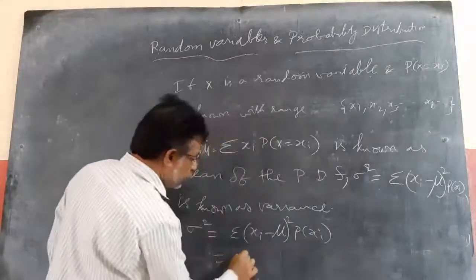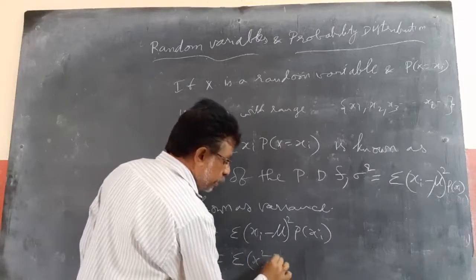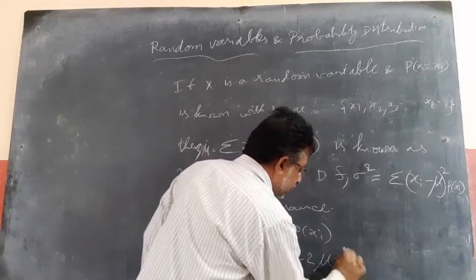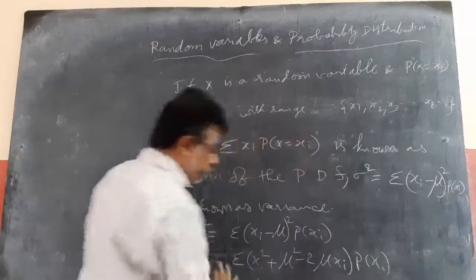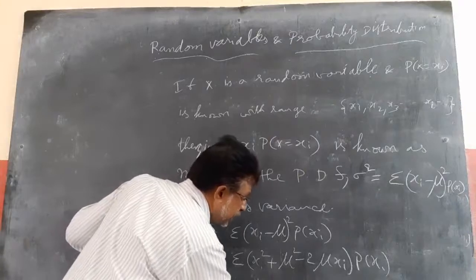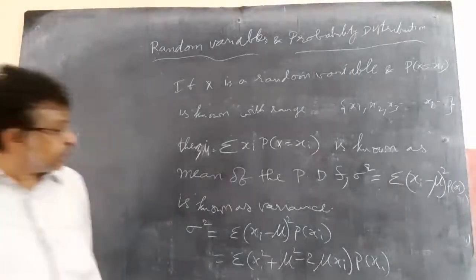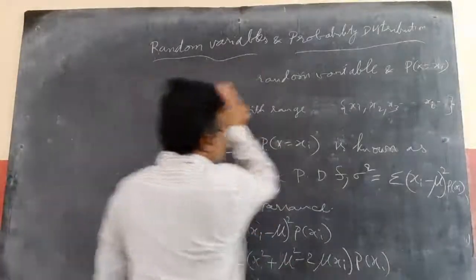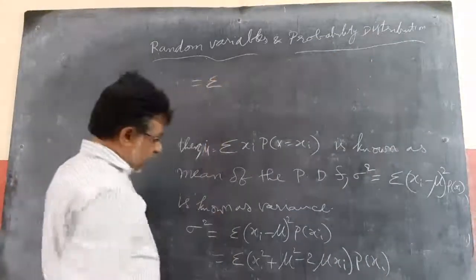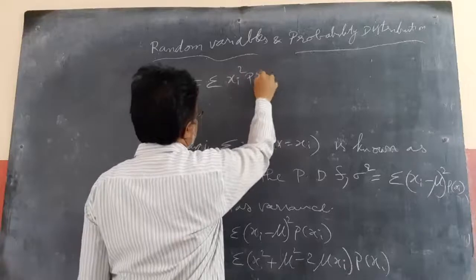Using a minus b whole square, a square plus b square minus 2ab, and opening the brackets, we get sigma xi square into P of xi plus mu square sigma P of xi minus 2 mu sigma xi into P of xi.